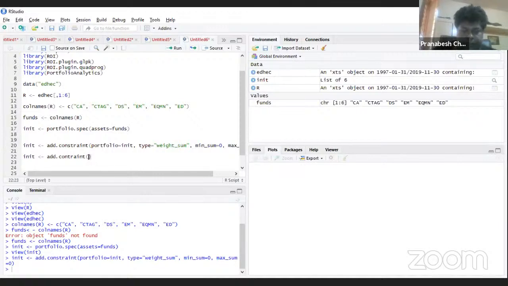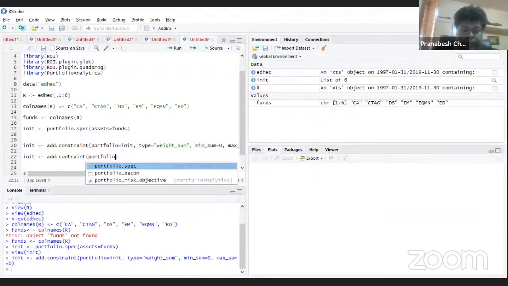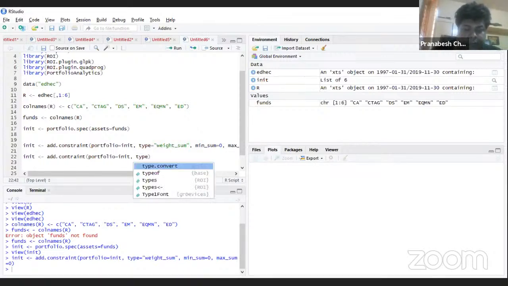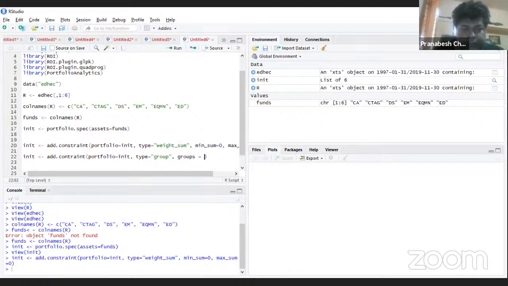Portfolio equals to init, and then we have another type of constraint, type equals to group, and then you have to list your names. How will you do it? Groups equals to list, and you have to create your group.